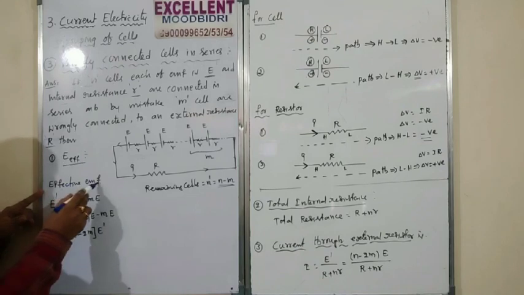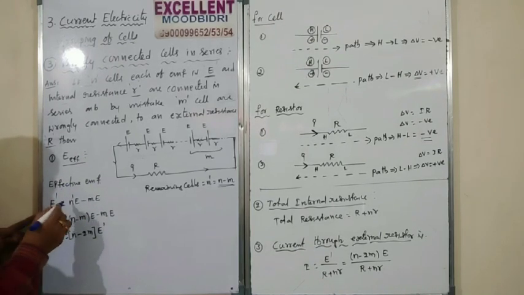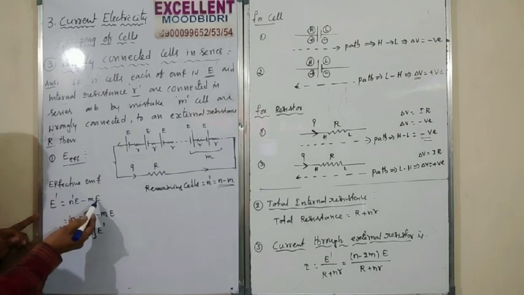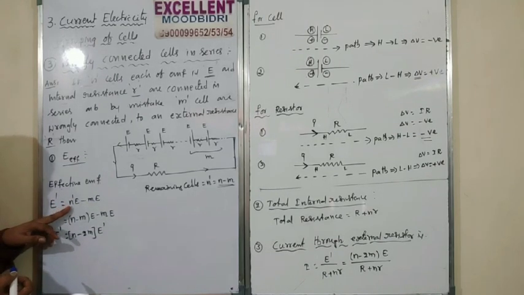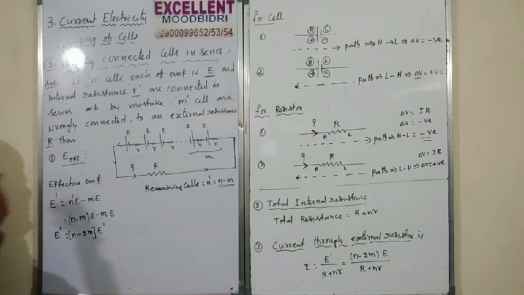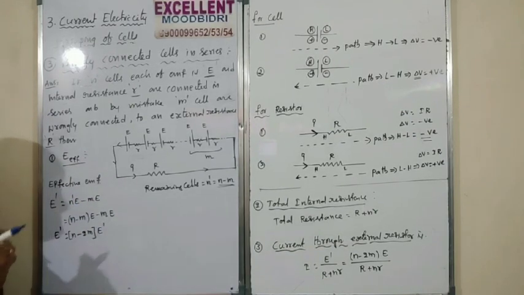So effective EMF E dash is equal to N dash into E minus M into E. This is the N minus M cells in the same order and M cells in reverse order. Reverse order means minus, like E is equal to E1 minus E2, as I told you.